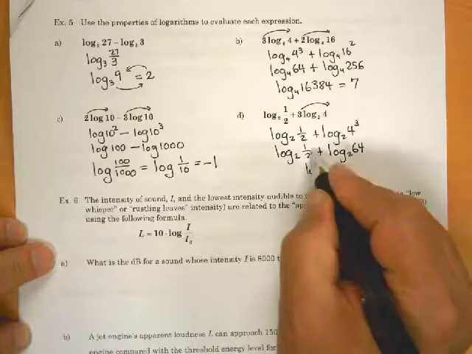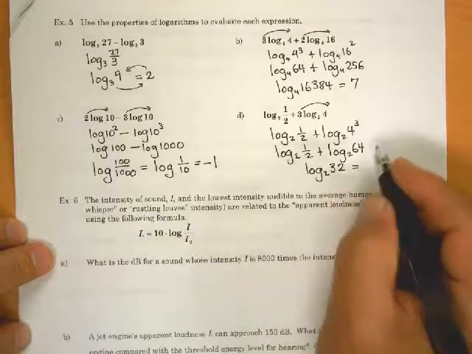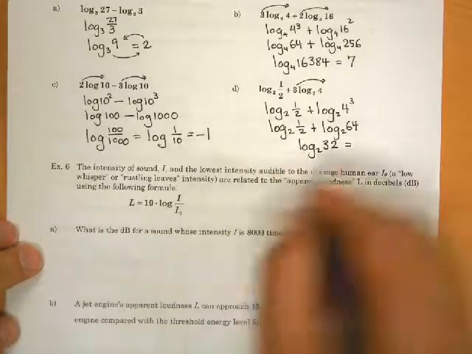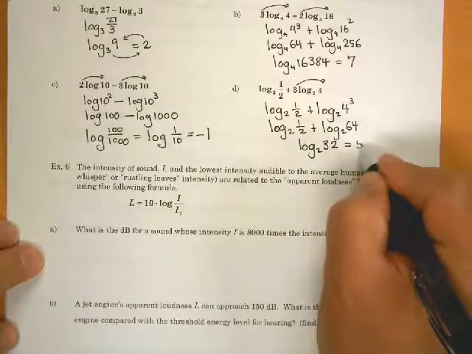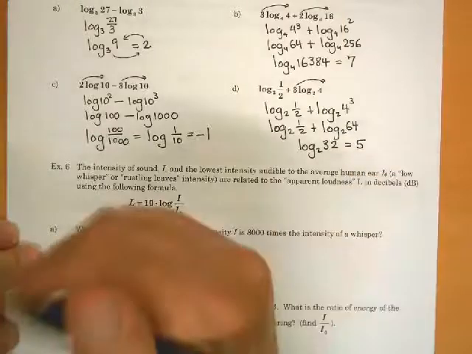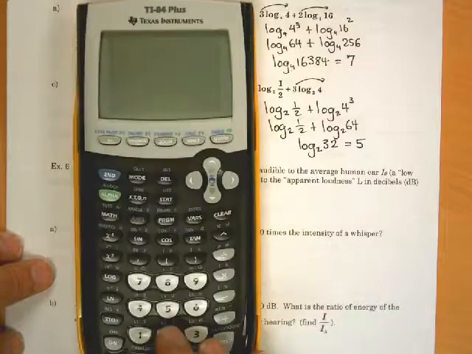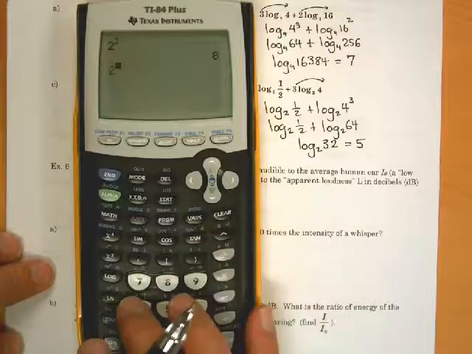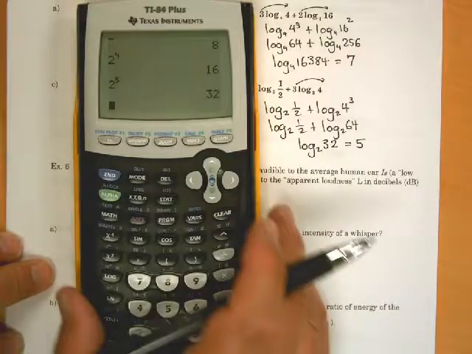And we'll put the product of 1/2 and 64, which is 32. And now you just think about the meaning of this. We're looking for the exponent that you would put on a base of 2 to make it turn into 32. And that would be 2 to the 5th, which gives 32. And you can try different possibilities there. 2 to the 3rd, that's just 8. 2 to the 4th, that'd be 16. And 2 to the 5th, bingo, we hit pay dirt there.